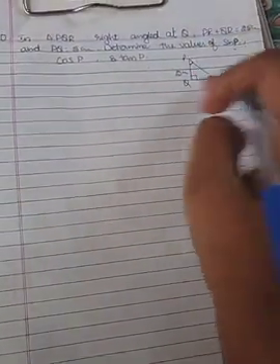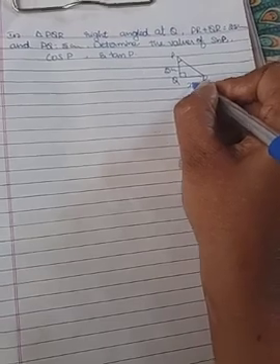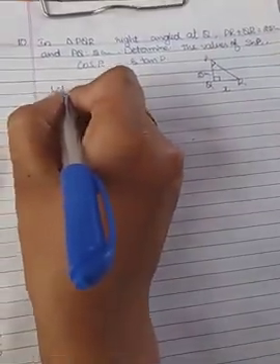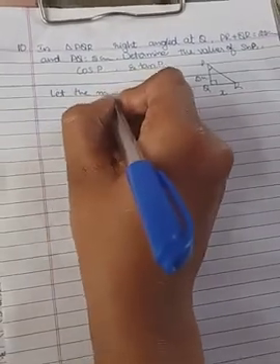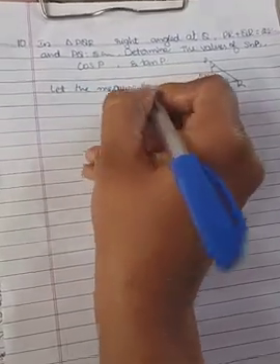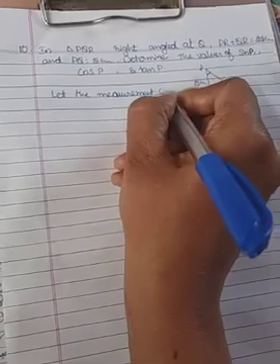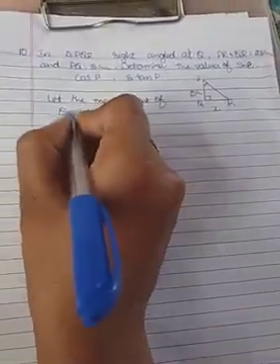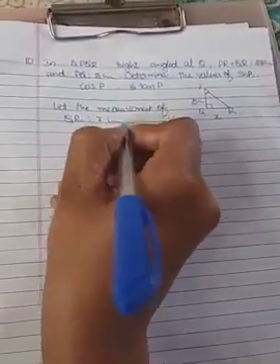So let us first identify this; both are given as 25. Let us take the value of QR as x. Let the measurement of QR equal x centimeter. Then what does PR become?